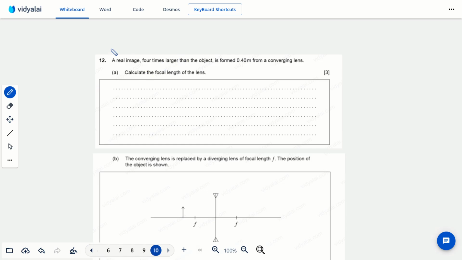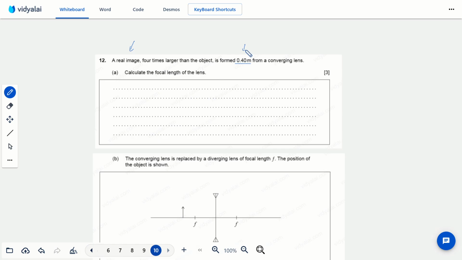So the 12th question is about lenses. So here we have the characteristics of an image that's formed by a converging lens. It's real, so it's formed on the other side of the lens, and it's 4 times larger than the object. It's also formed 0.4 meters away from the converging lens.